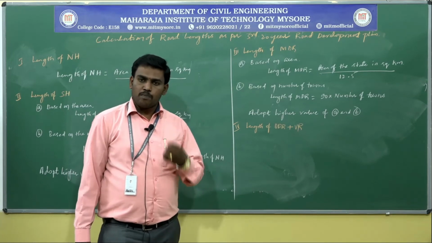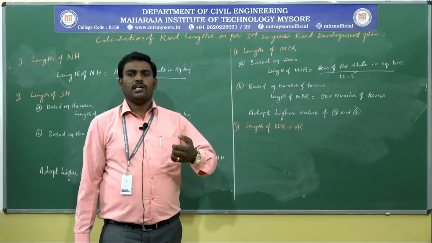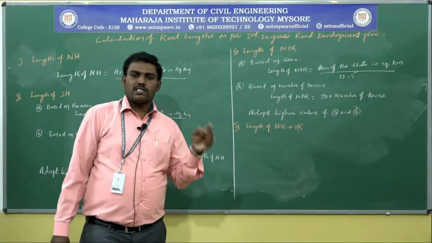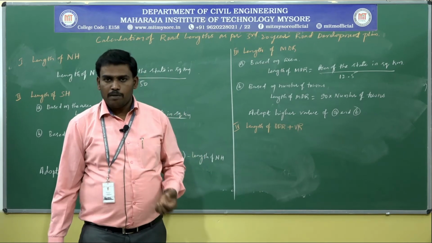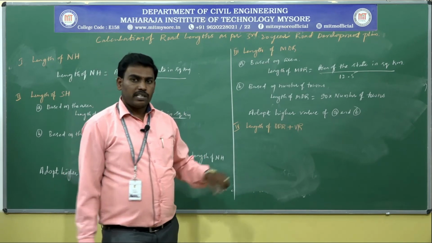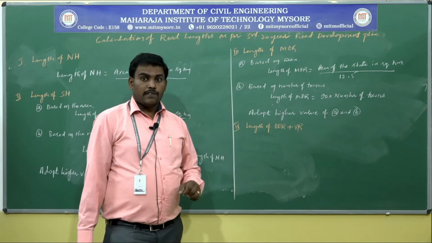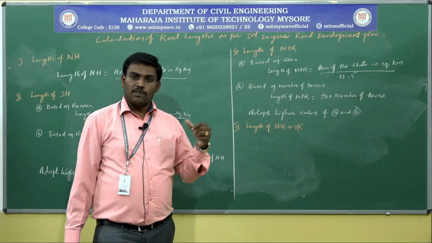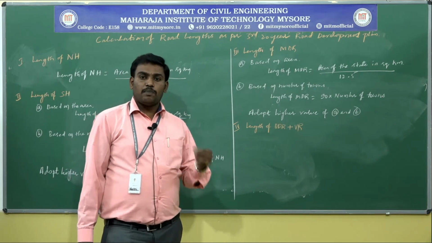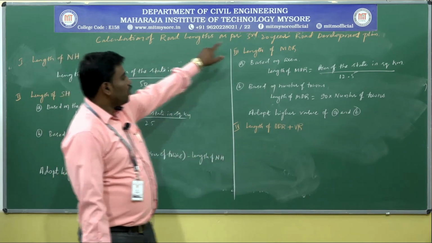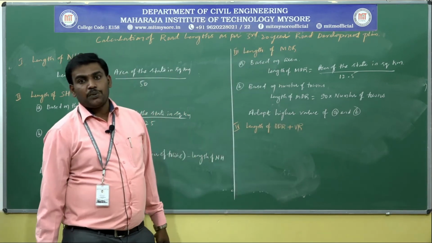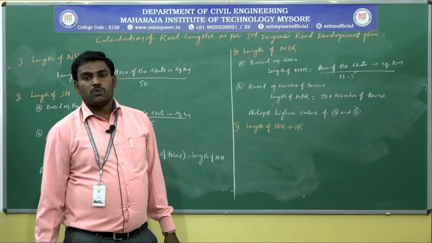If the density is mentioned in your problem, like 72 km per 100 square kilometer or 75 km per 100 square kilometer, we have to take that density. If nothing is mentioned about the overall density, then as per the third 20-year road development plan, the overall density will be 82 km per 100 square kilometer area.